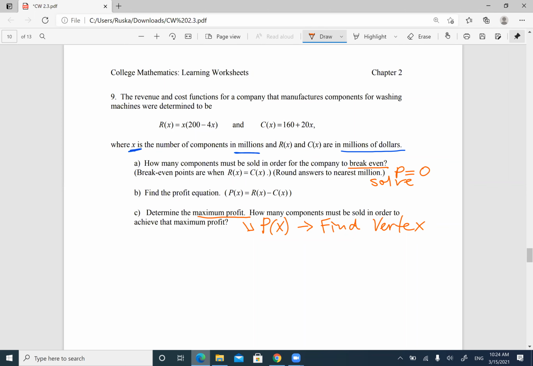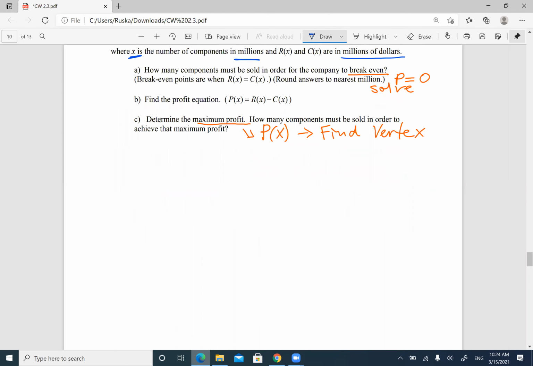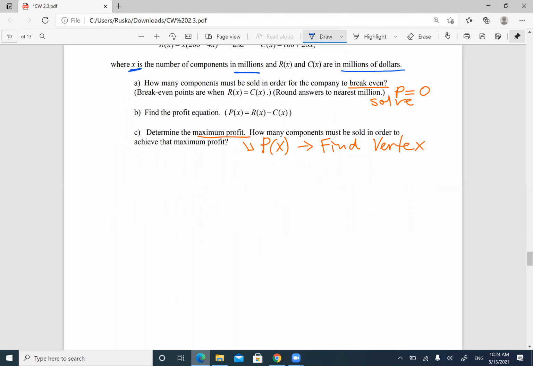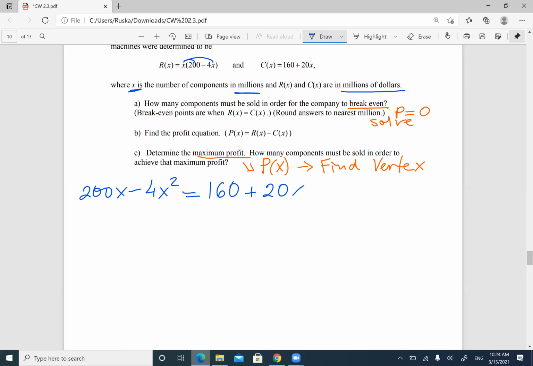And let's do it. So the first one I'm going to do is A. So you need to find the break even. The break even is solving revenue equals cost. So revenue, I'm going to multiply this first. I'm going to just do it together. So it's going to be 200x minus 4x squared. That's my revenue equals 160 plus 20x. Okay? And then I'm going to move everything to the same side.